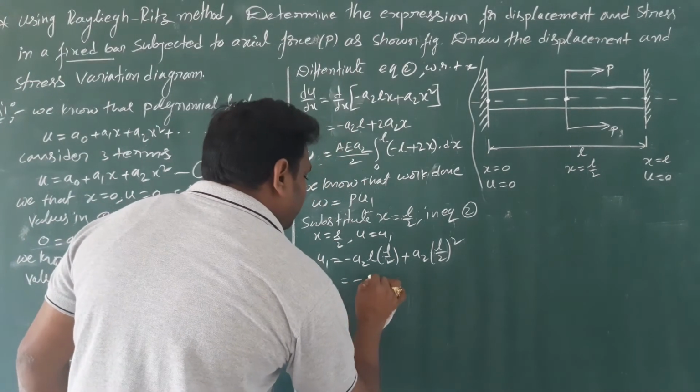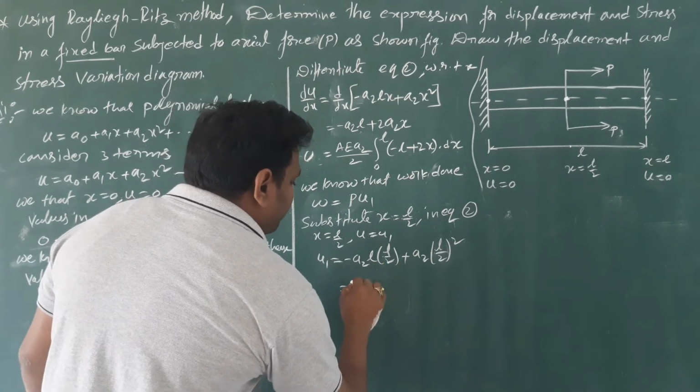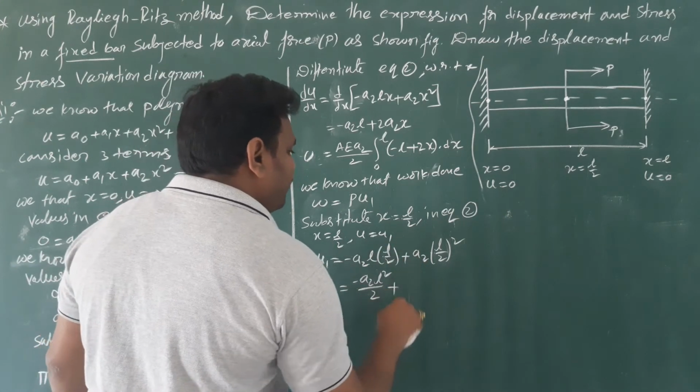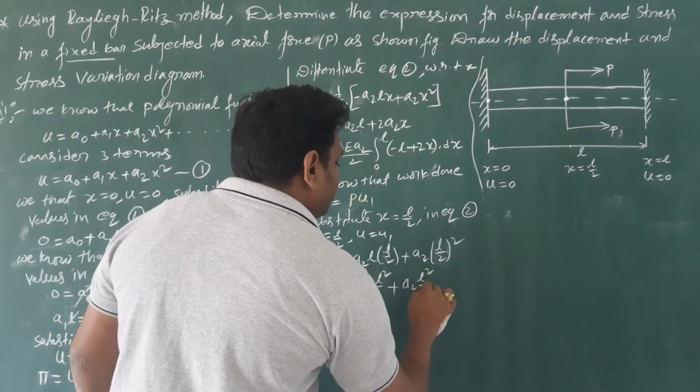Now we will get minus a2 L square by 2 plus a2 L square by 4.